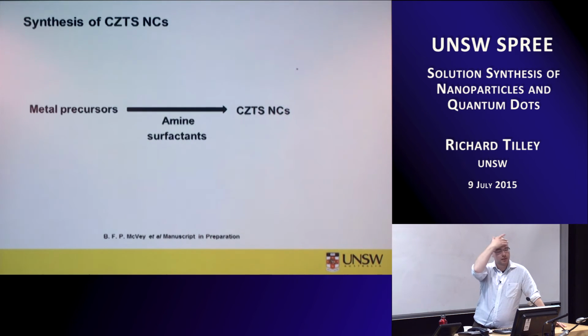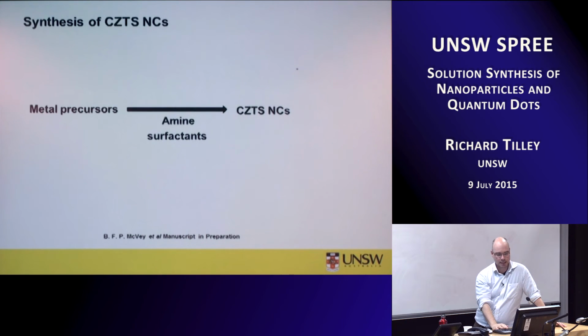The way we've been doing it is essentially taking some metal precursors and using some amine surfactants to stick to the surface of our dots, and we've been making some dots that way. When we first started out with the experiments and the reactions, it was pretty hard to control the size of the dots and also the composition.